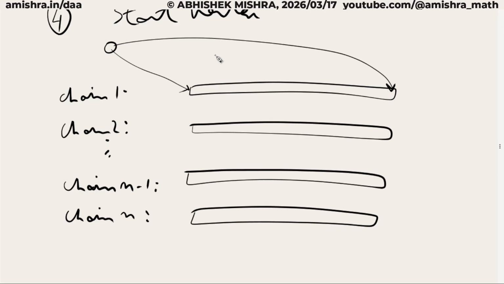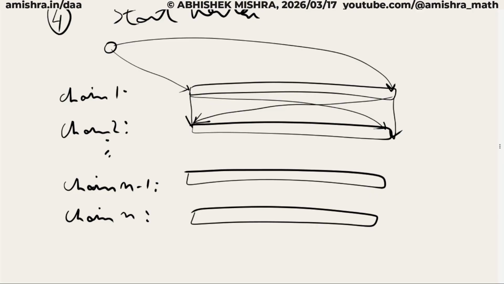Same way we connect the others also. From the first vertex of chain 1 to the first vertex of chain 2, and also to the last vertex of chain 2. Similarly from the last vertex of chain 1 to the last vertex of chain 2, and also to the first vertex of chain 2.